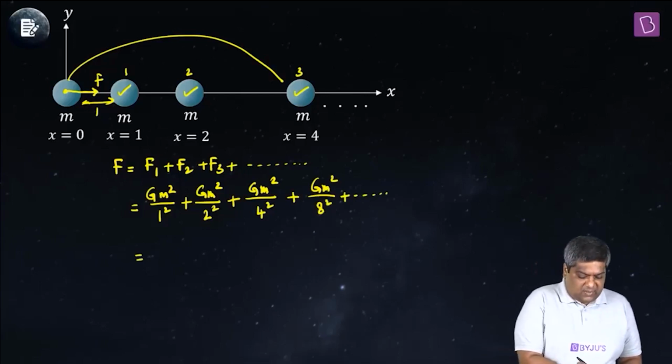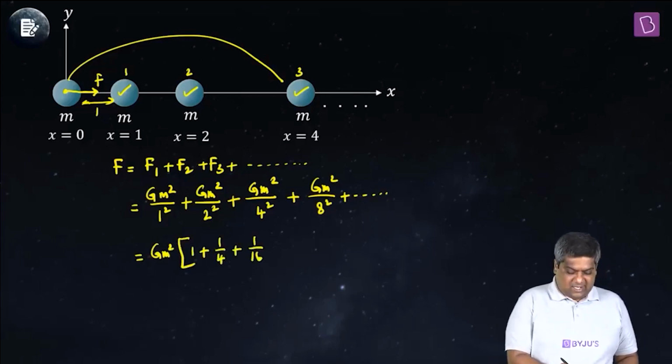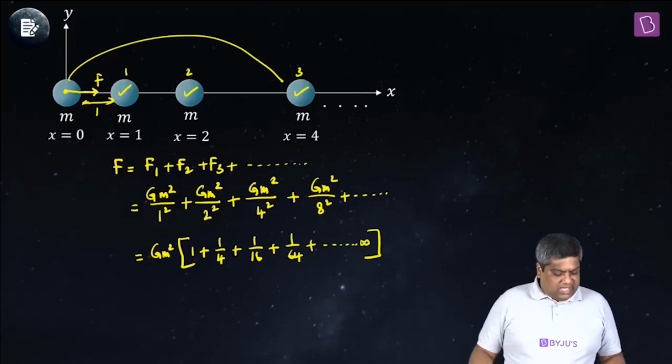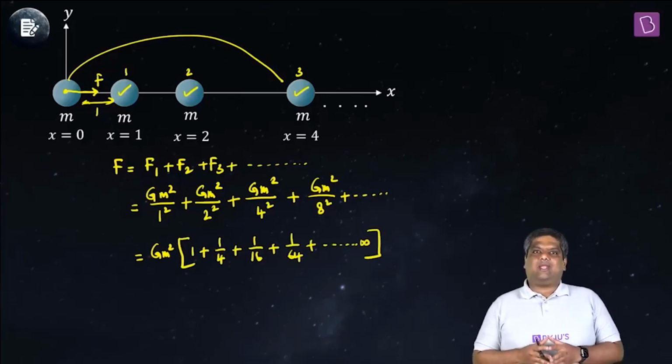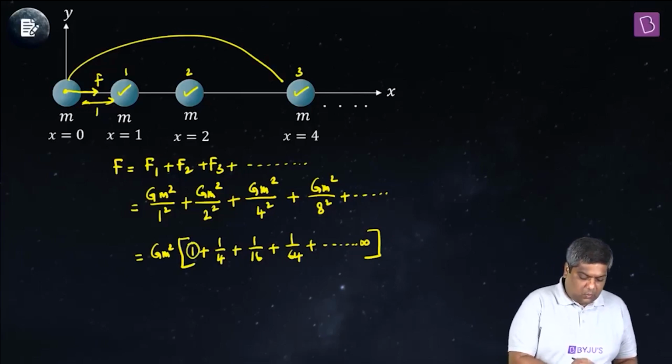Now you can see Gm squared is common in all these expressions. So I'll have 1 plus 1 by 4 plus 1 by 4 squared, which is 16, plus 1 by 8 squared, which is 64, and so on up until infinity. So Gm squared into something inside the bracket. What is that something? That something is nothing but an infinite GP with initial term 1.